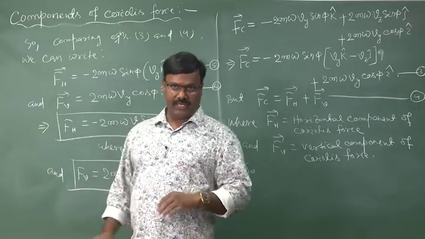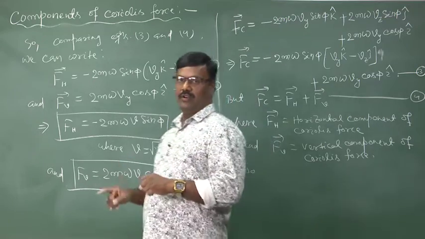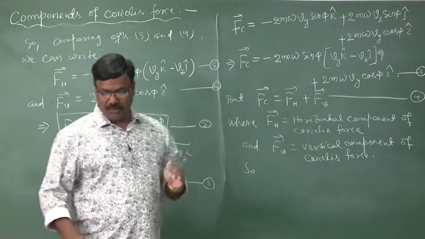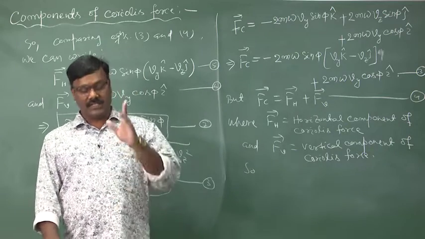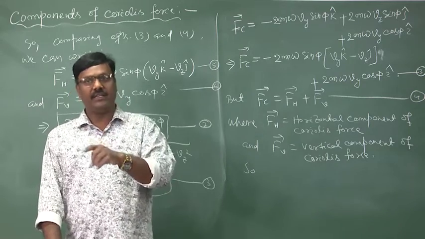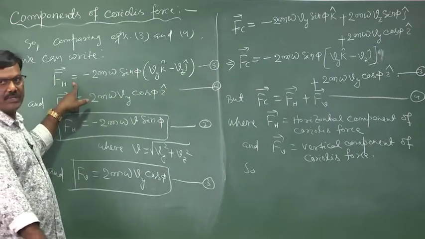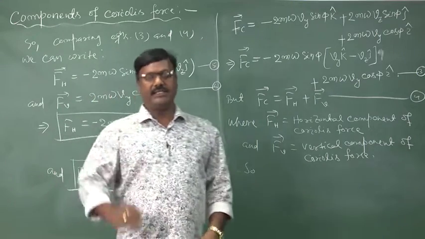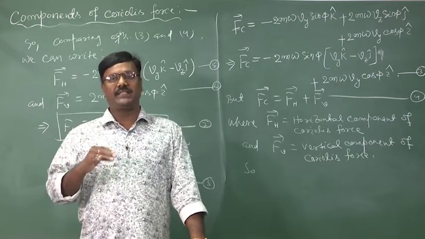Here we have derived the expressions for the vertical component and the horizontal component of Coriolis force, from which it is seen that the horizontal component of Coriolis force tends to deviate the path of the particle towards the right in the northern hemisphere. That means, in the horizontal component there is a negative sign, which implies that it always deviates the particle in motion in a rotating frame towards its right.